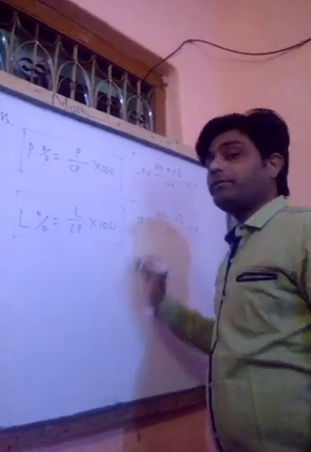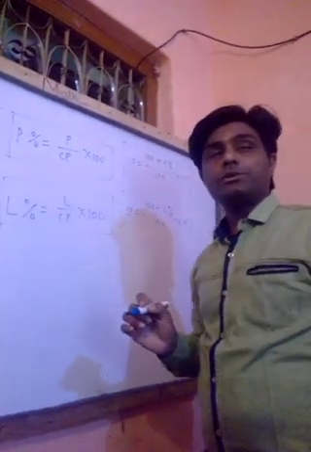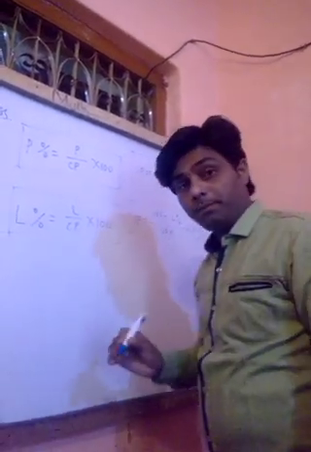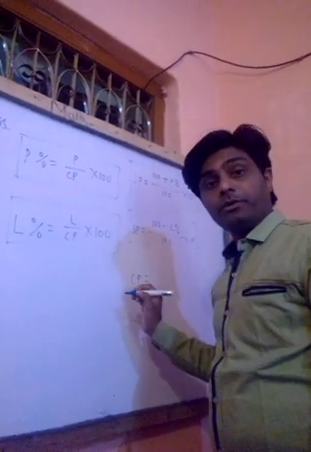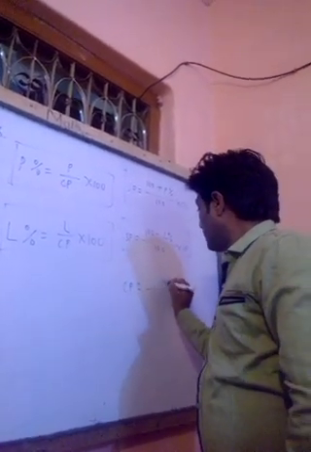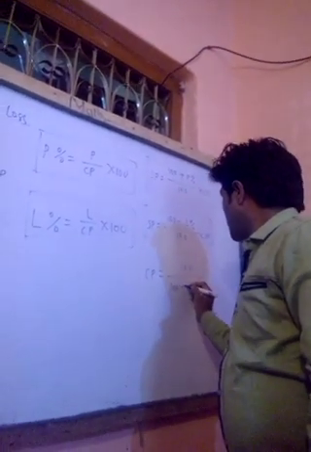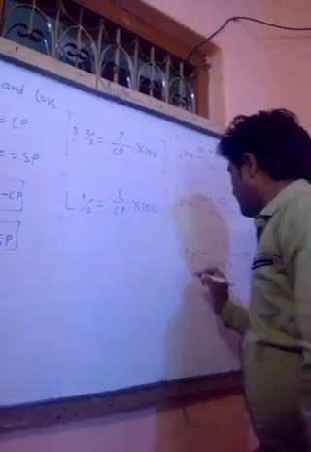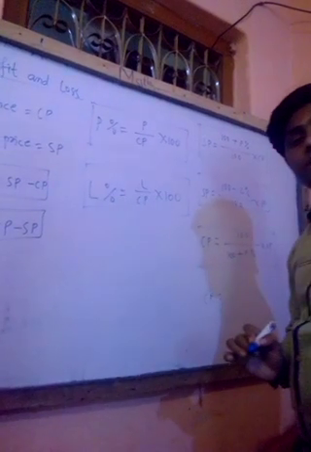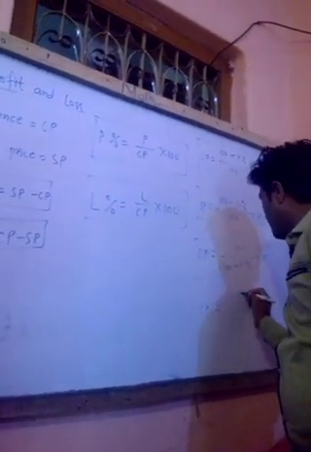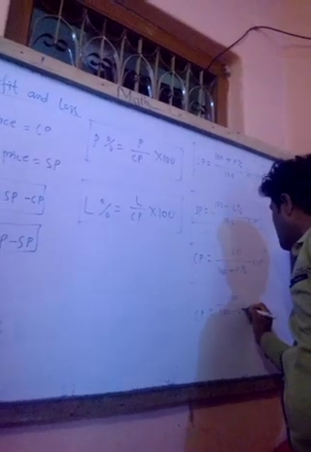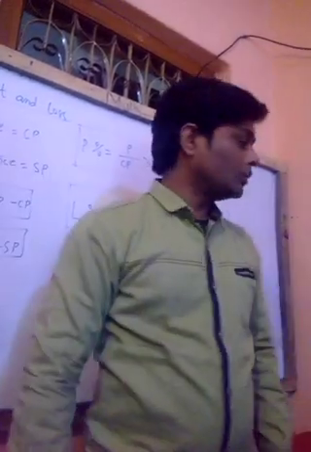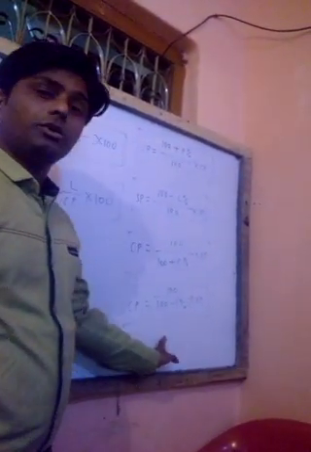Now inversely, if I want to find CP and I know SP and profit percent, very simple: CP equals 100 upon 100 plus profit percent into SP. Similarly, if I know loss percent and SP, then CP equals 100 upon 100 minus loss percent into SP.